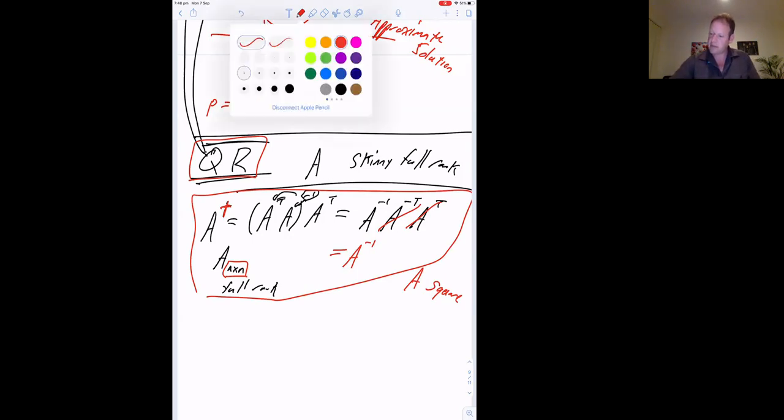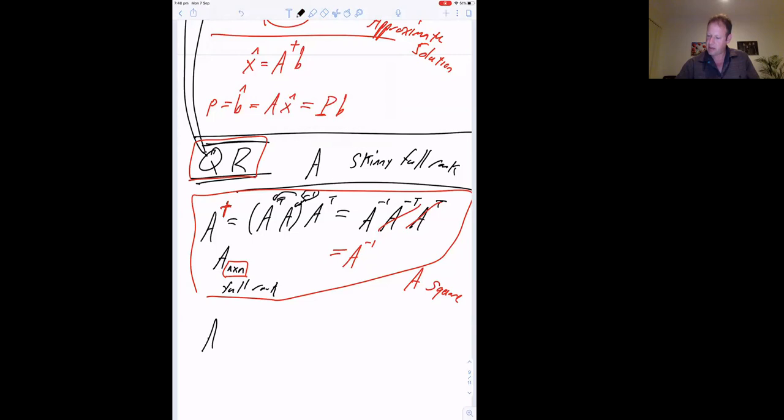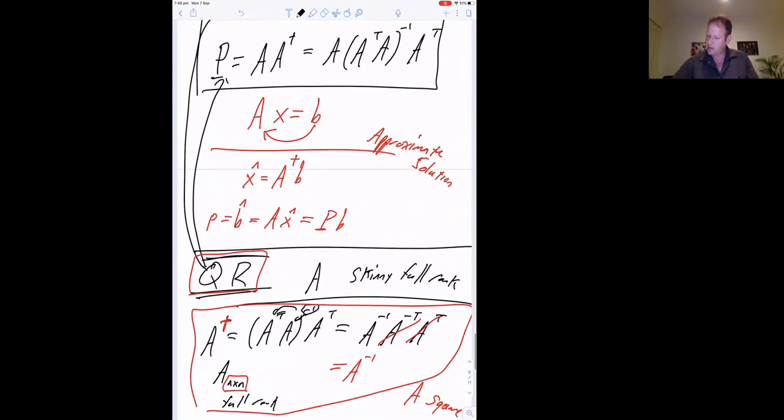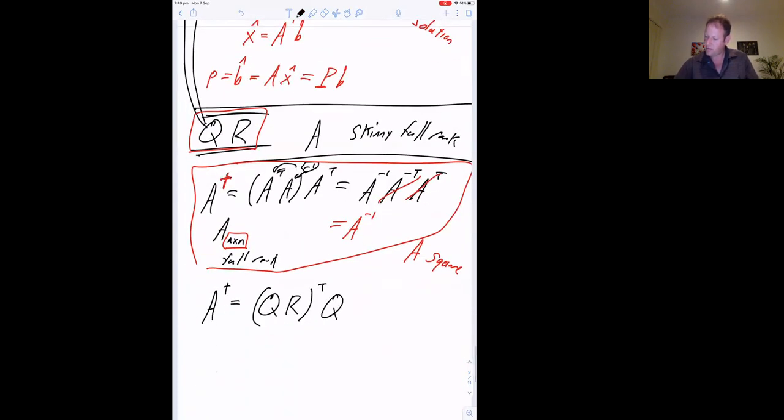So let's see what happens. We have A dagger is QR transposed, that's this A transpose here, times QR, all of this inverse, times QR transposed.